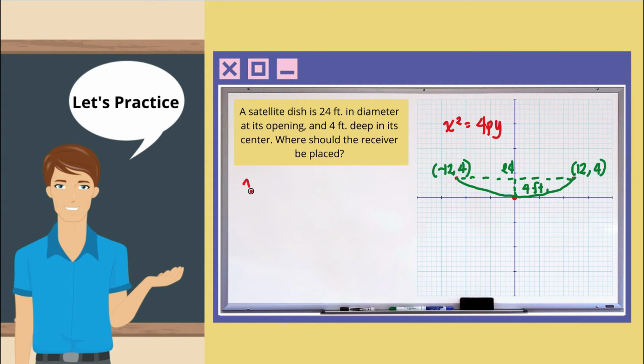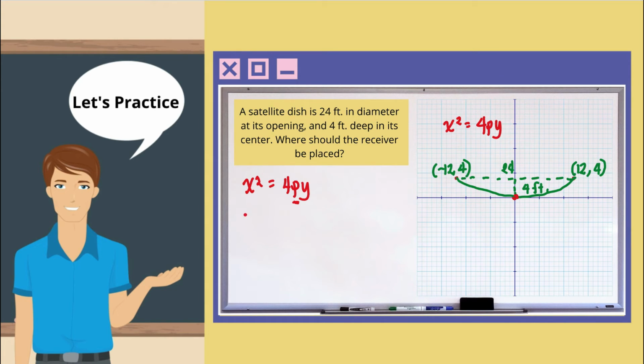And since our equation is x squared equals 4py, we have to find the focal length p in order to determine how far away our receiver would be from the center of the dish. We can choose either of these two points to substitute in our equation. Let's say x is 12 and y is 4.